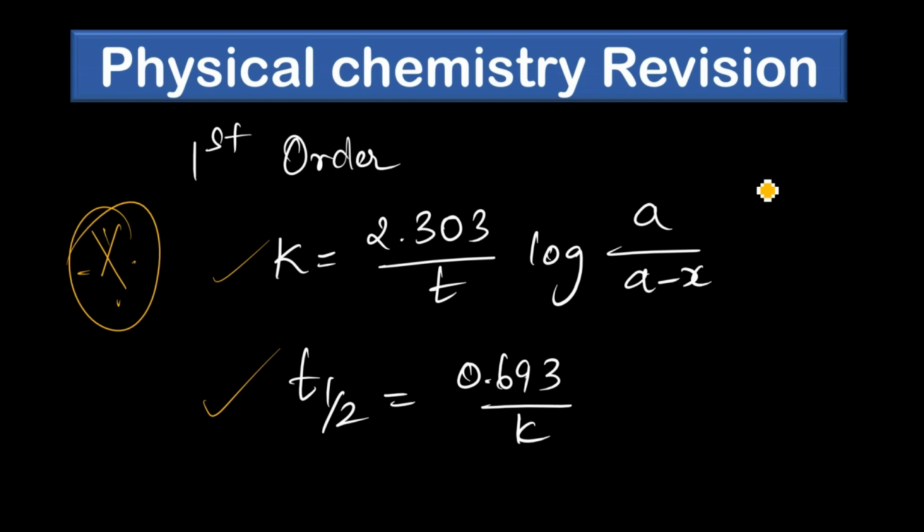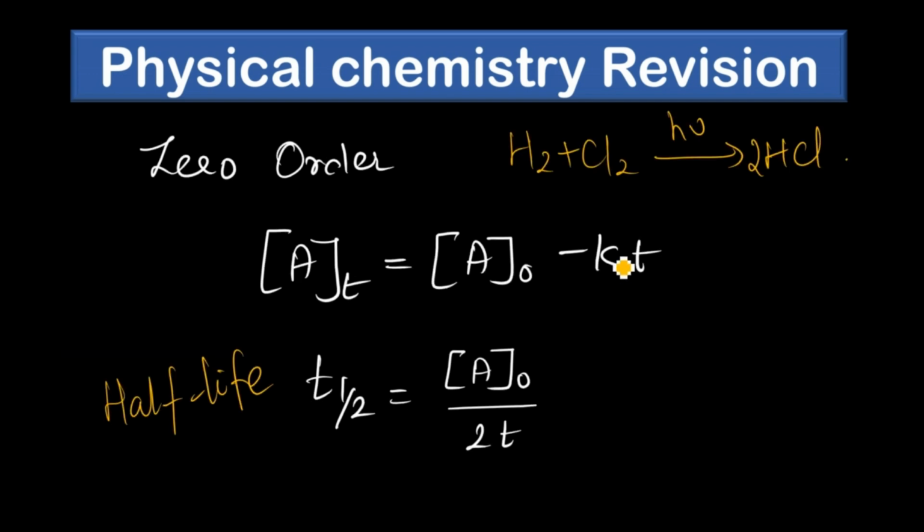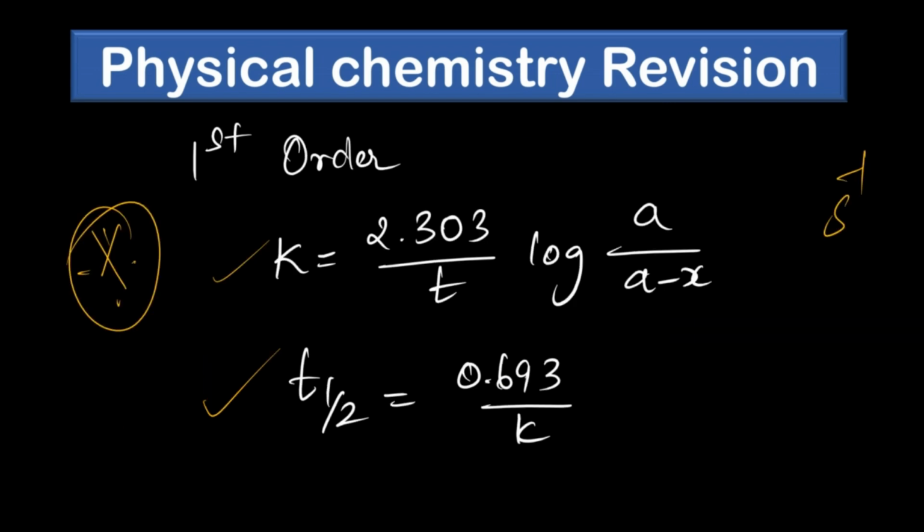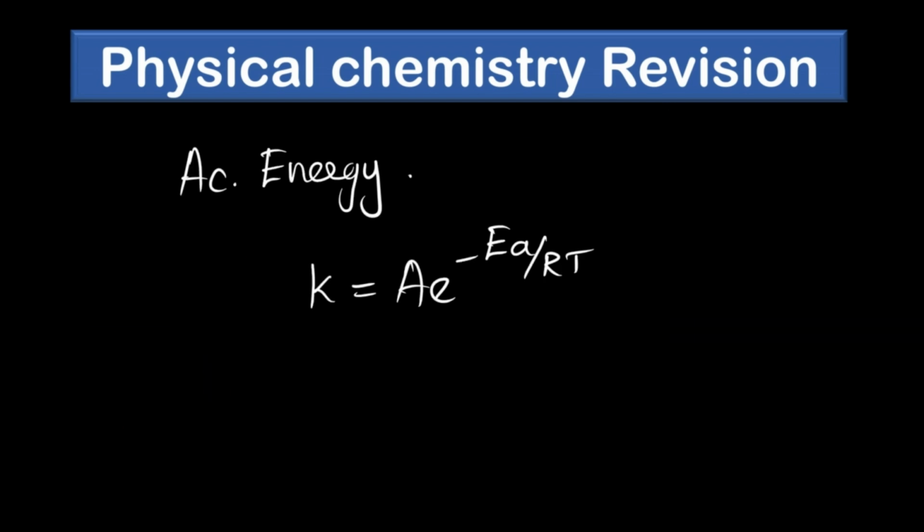For the first order reaction, the unit is second inverse, and for the zero order reaction, the unit is mole L inverse second inverse. Okay, I just made it very simple to get more marks. That's why I skipped second order and third orders.